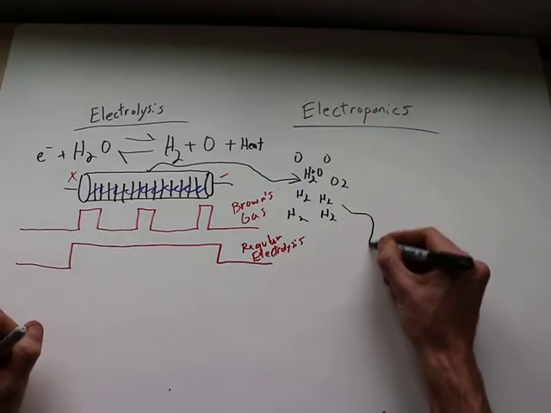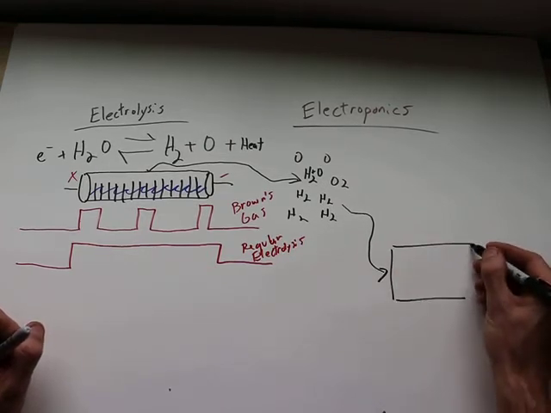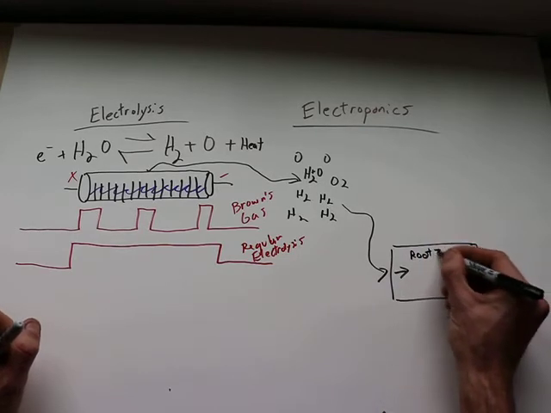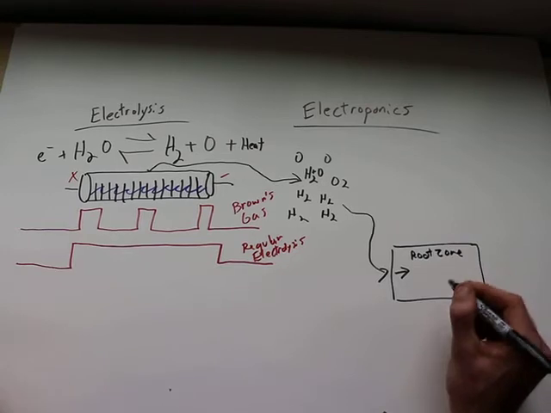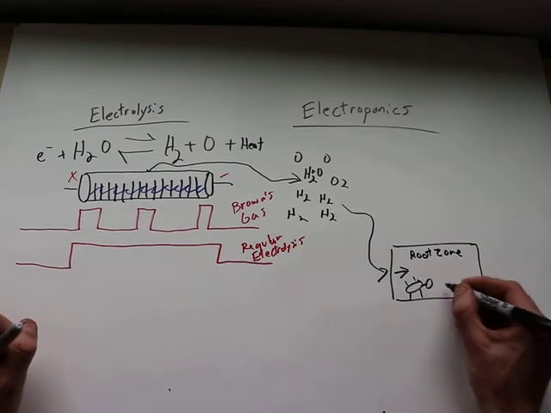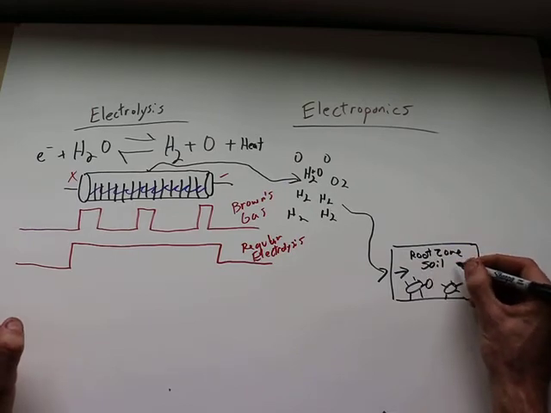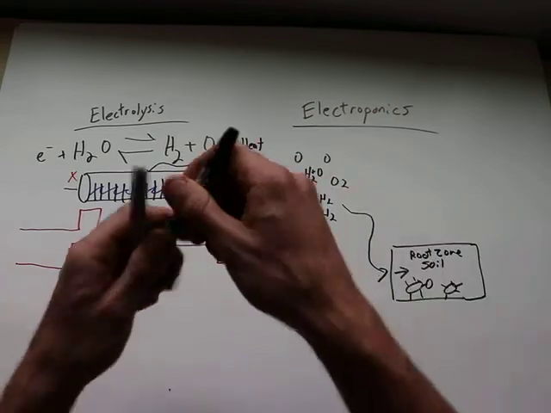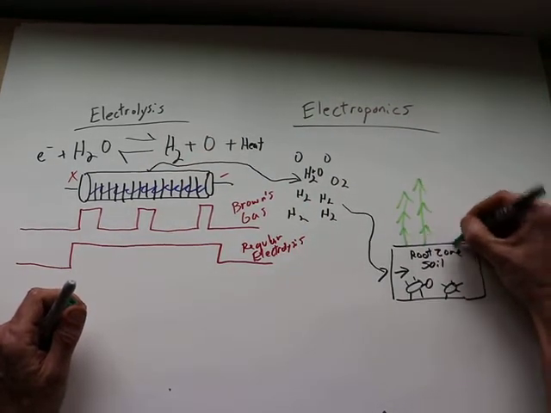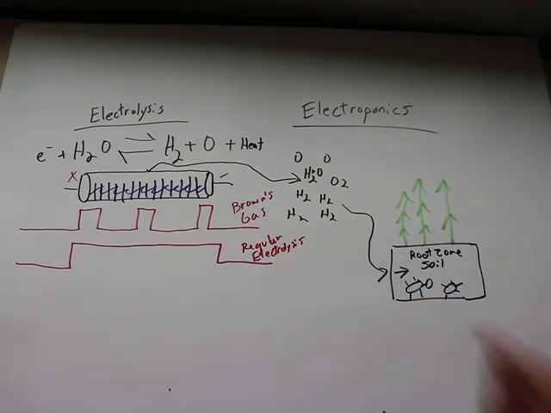Electroponics takes the electrolytic gas that we've produced from our water and injects it into the roots, or the root zone, of an organic no-till soil bed. And on top of our soil bed we have our trees growing, massive trees.